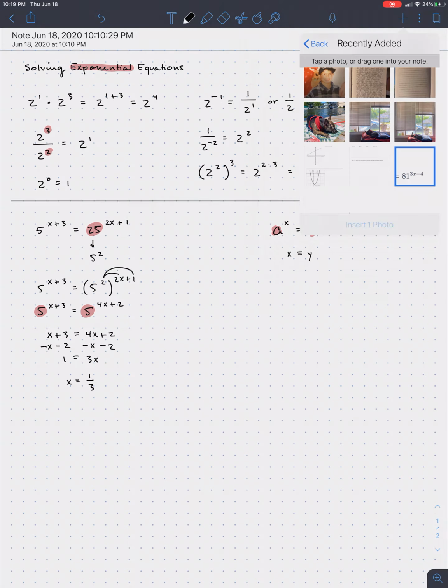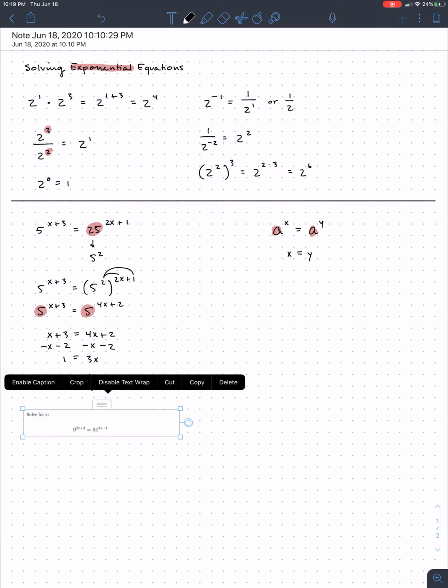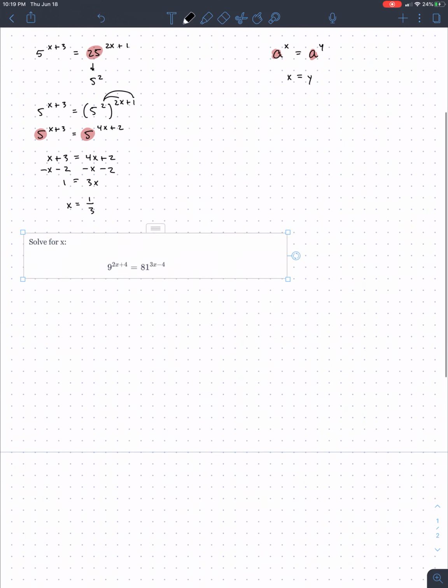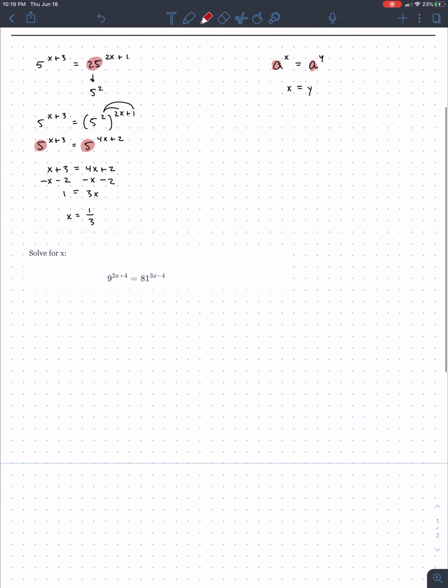Alright, let's do one. We're going to try another one. So solving for x, we have 9 to the 2x plus 4 is equal to 81 to the 3x minus 4. So again, we're using this property that we're trying to make our bases the same. So I noticed that we have a 9 here and 81.